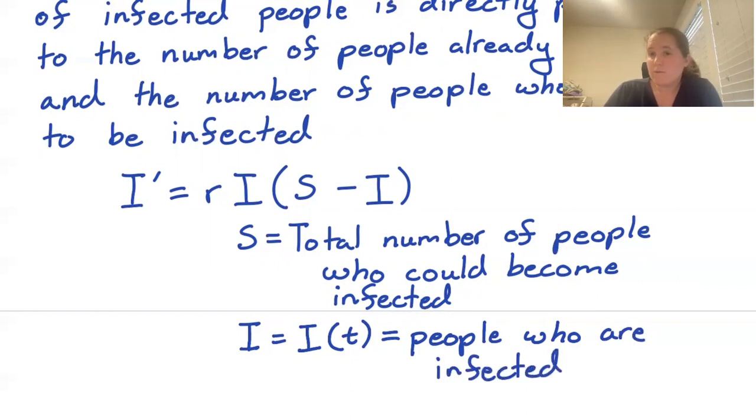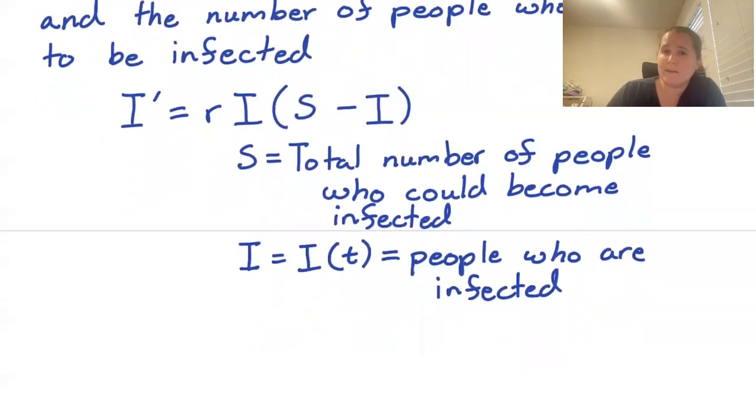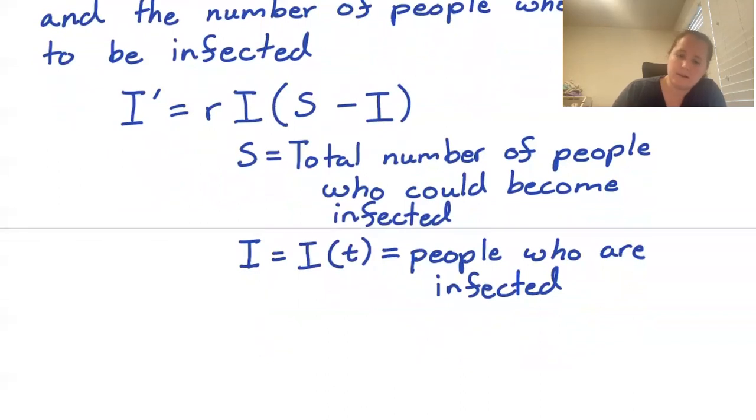So this model looks very similar to that Verhulst model for population, and it turns out to behave essentially in the same way.